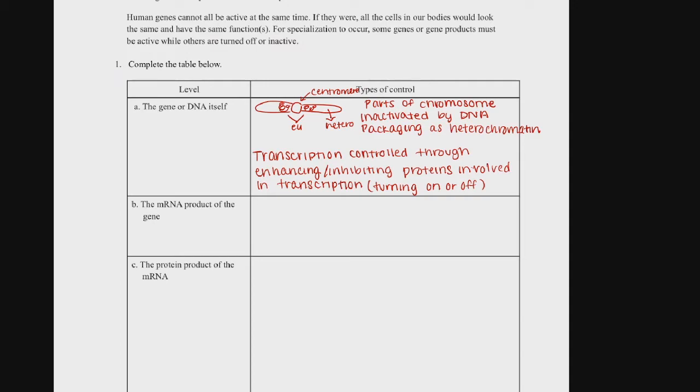Awesome. And then the mRNA product of the gene is the next site of control, so that can be controlled at the mRNA level.